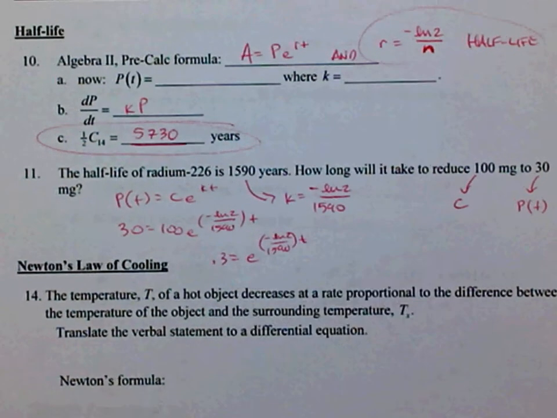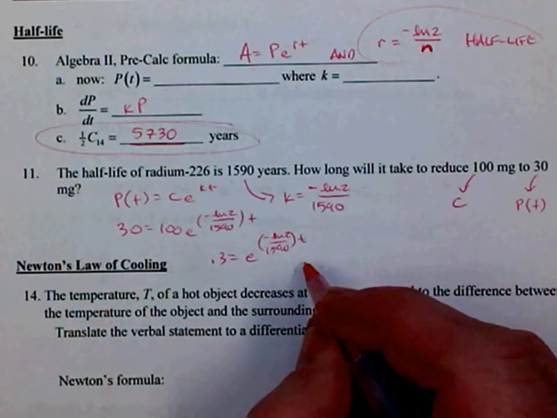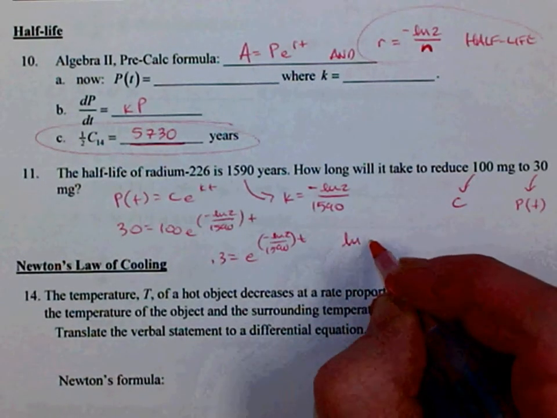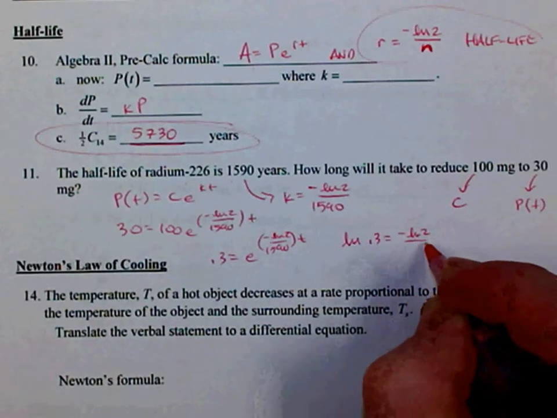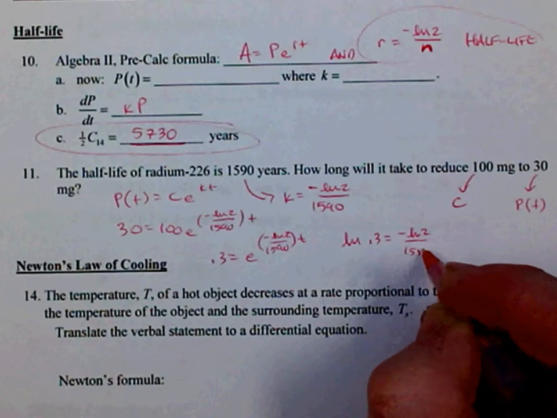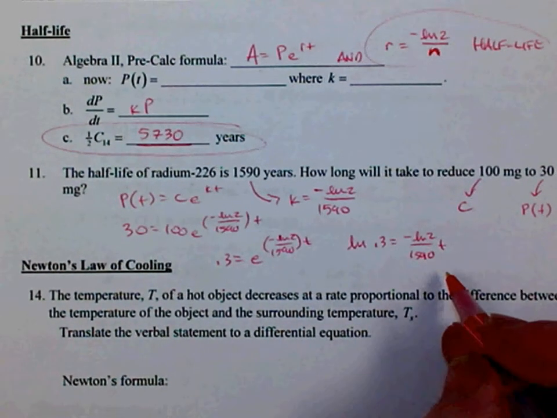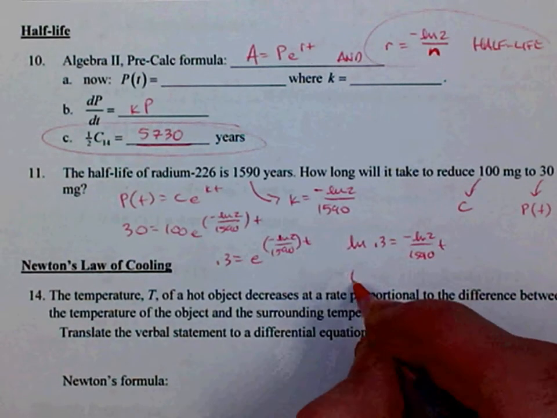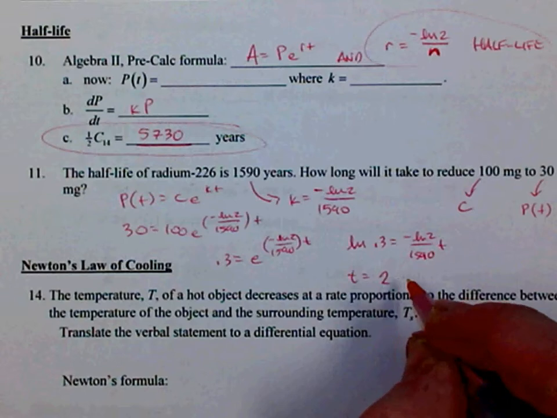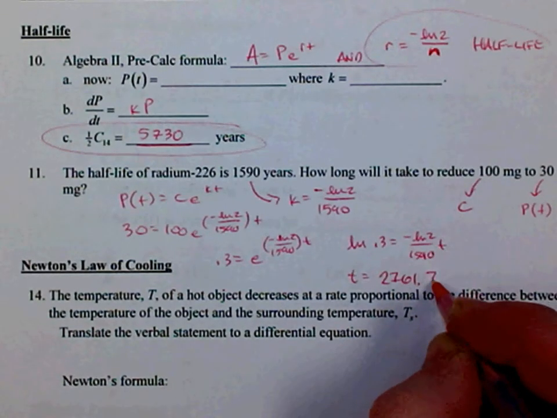Taking the natural log of both sides, we get the natural log of 0.3 equals negative natural log of 2 divided by 1,590 times T. Multiplying by the reciprocal, or dividing by that amount, T will equal 2,761.77 years.